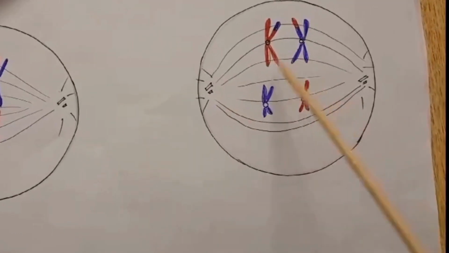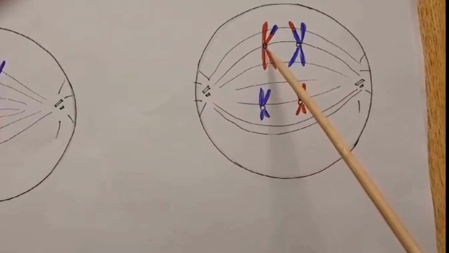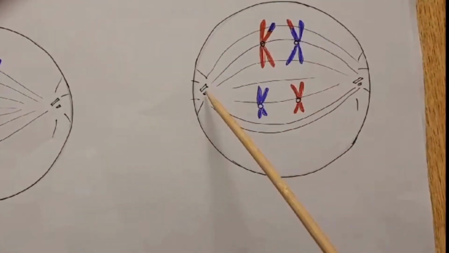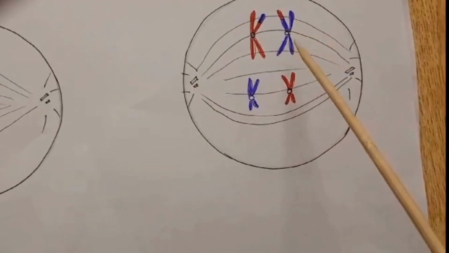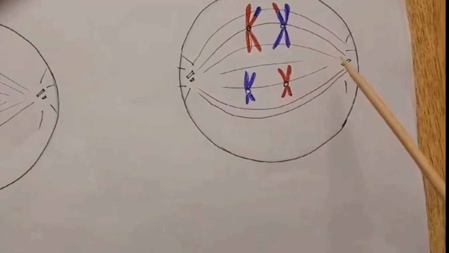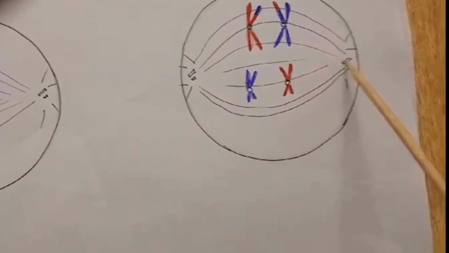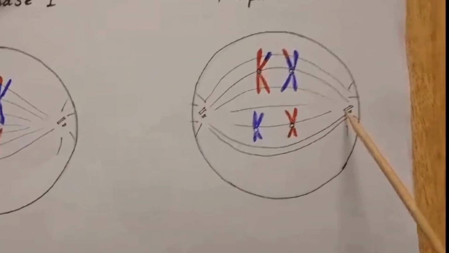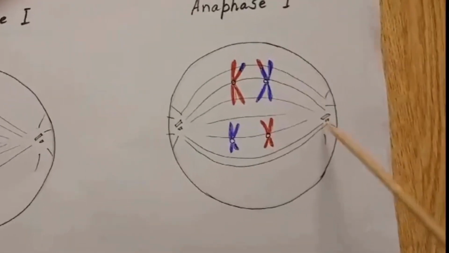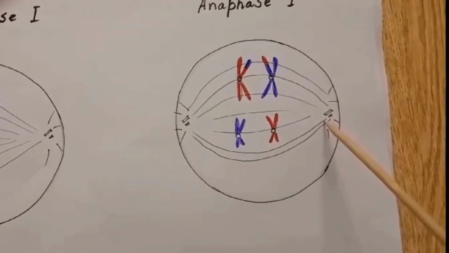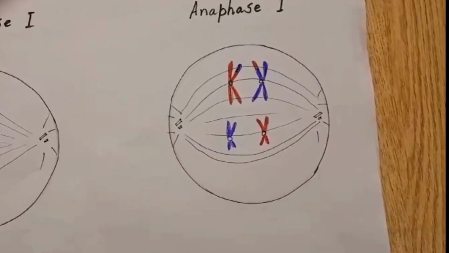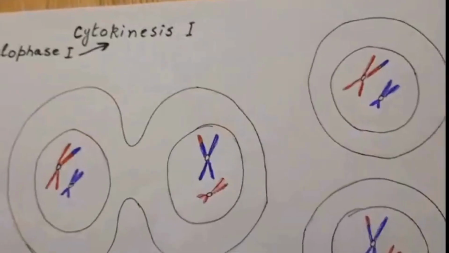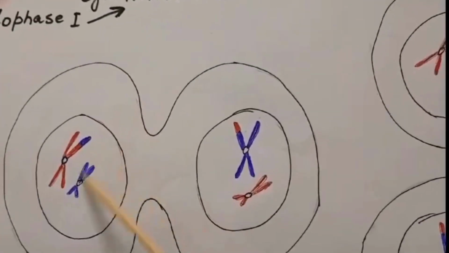As we discussed, one member of the homologous pair will move toward one pole, and the other member of the pair will move towards the other pole. When they have gone to the poles, the anaphase finishes, and then comes another phase of meiosis 1 that is called telophase 1.